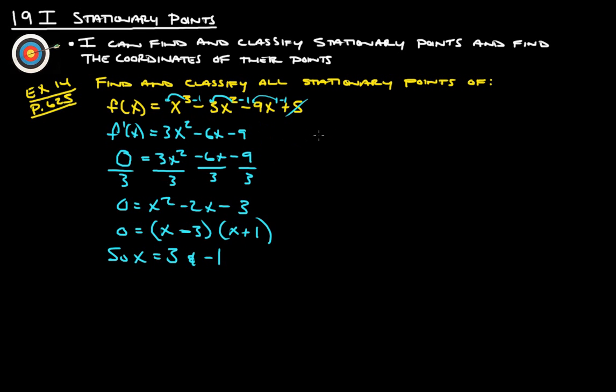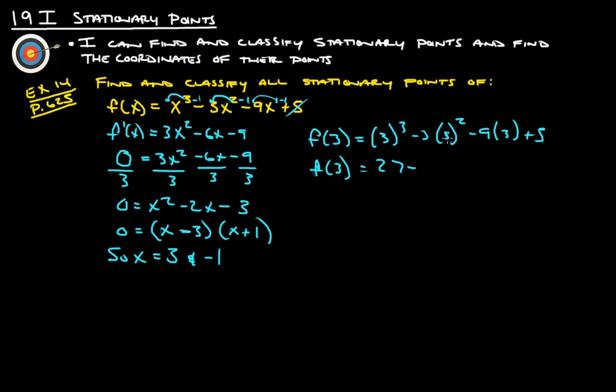All right, so f of 3 is 3 cubed minus 3 times 3 squared minus 9 times 3 plus 5. That's 27, and then 3 squared is 9 times -3 is minus 27.